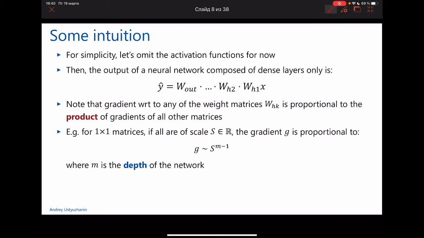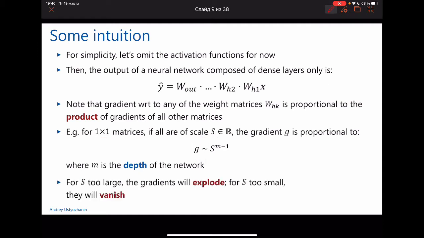So this basically shows what I have drawn before. The gradient is proportional to some characteristic scale of the weight matrices. If we consider matrices 1 by 1, the gradient will be proportional to the mean value multiplied m minus 1 times, where m is the depth of the network.